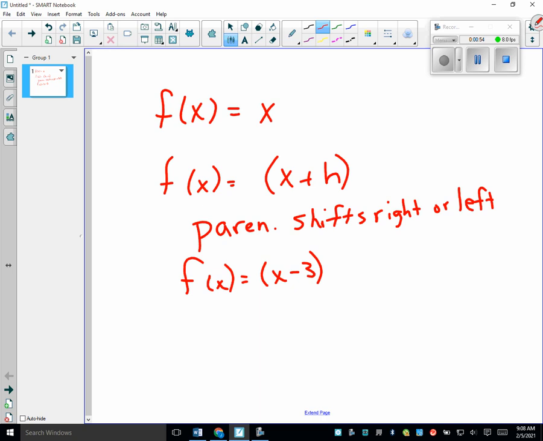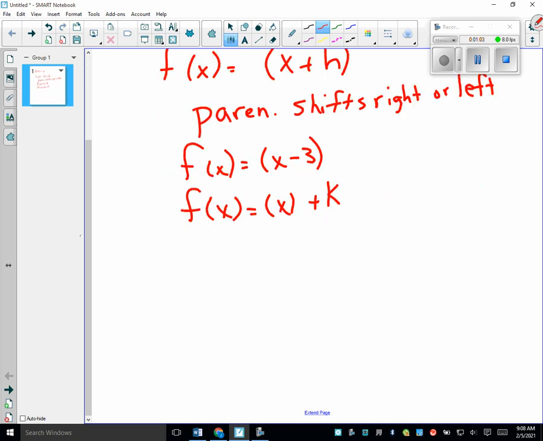If I add a number outside the parentheses, this outside the parentheses shifts it up and down.